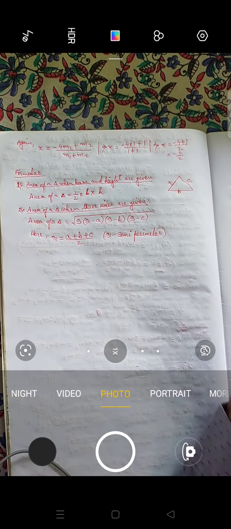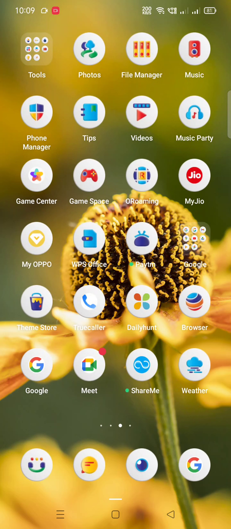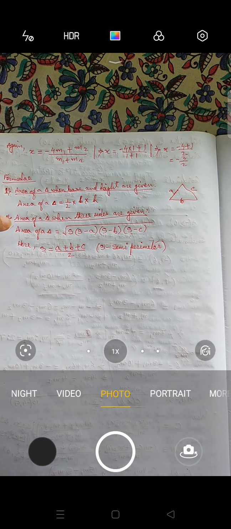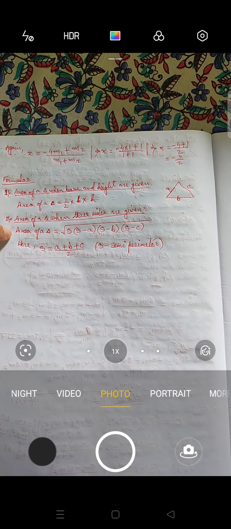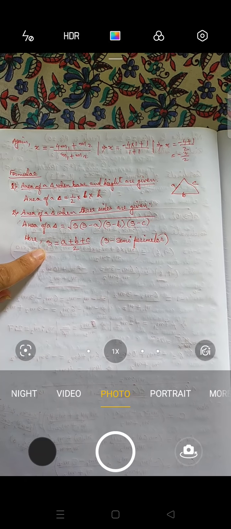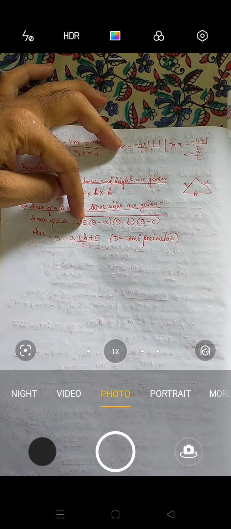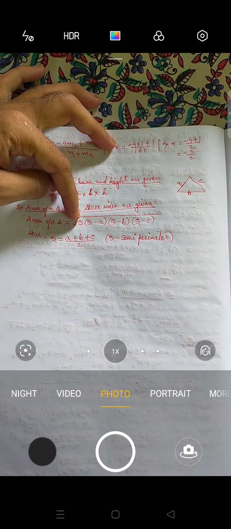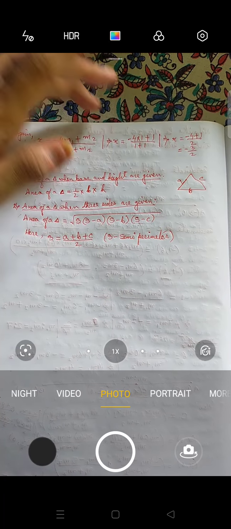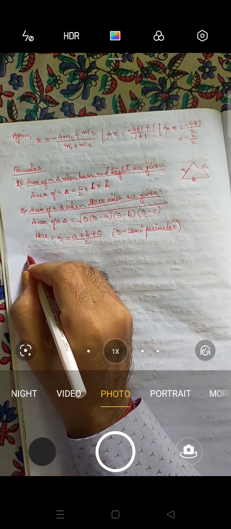Is it clear? So before finding the area by using Heron's formula, first of all you should find s. After finding s, then only you can apply. Whatever value you have for s, you will substitute there and then you will get your answer. Okay, now third formula.